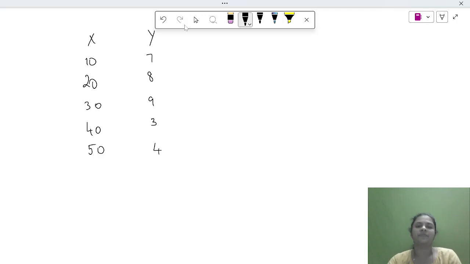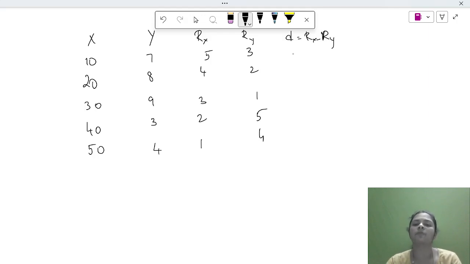Now first we are going to do the ranking system. Always remember, highest value gets the first rank. So 1, 2, 3, 4, 5. And similarly for y, the ranking will be 1, 2, 3, 4 and 5. Now d is nothing but the difference between rank of x and rank of y.